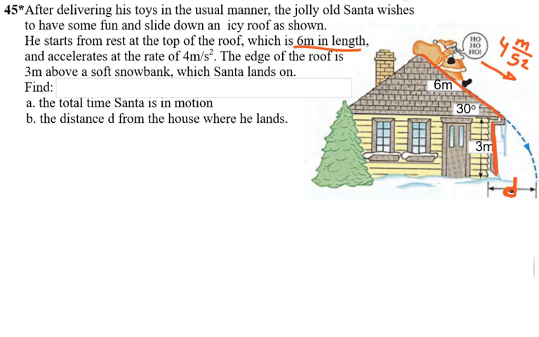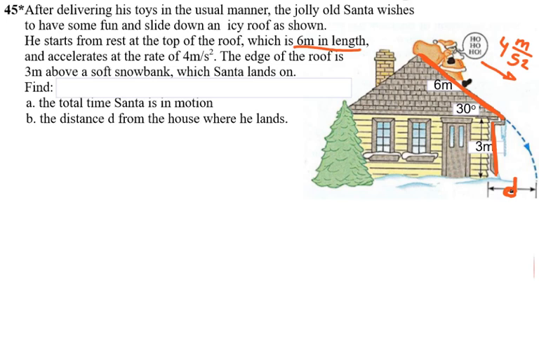On the sliding part, because I have the distance and I have acceleration and the initial velocity is 0, I can use the kinematic formula to find the final velocity. Let's not call it final velocity, because the final is going to be when he lands.